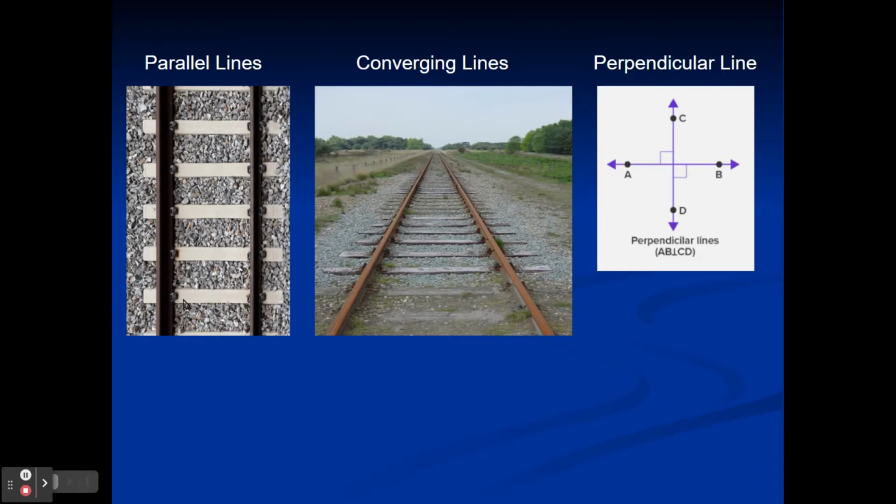Parallel lines are lines that never touch, right? If you think of railroad tracks, they never touch. Those lines go all the way up and down and never touch. That's how a train sits on them and rolls all around the country, right? You take that same concept of a train track and put it on a flat image, in a photo, which is what you're looking at here.